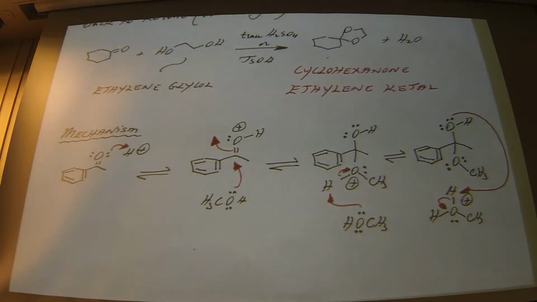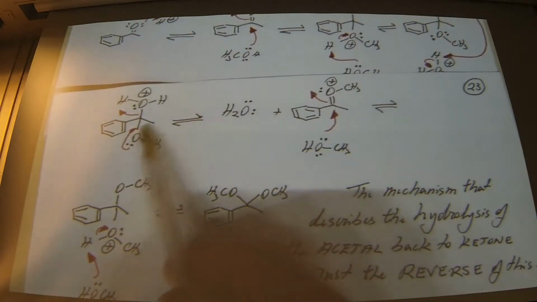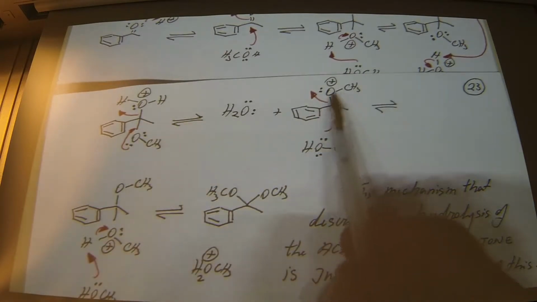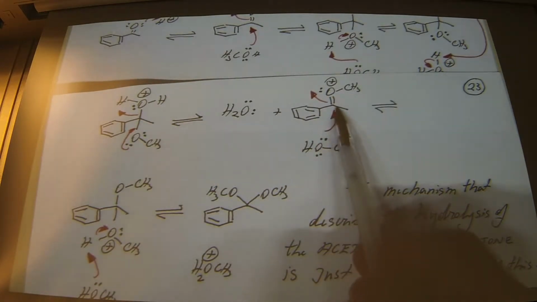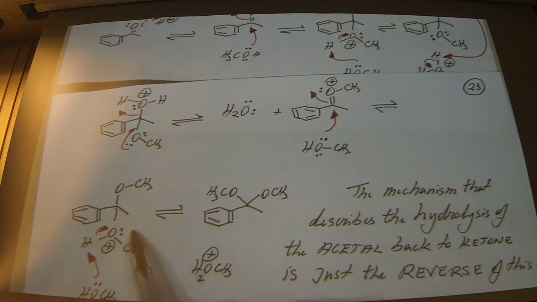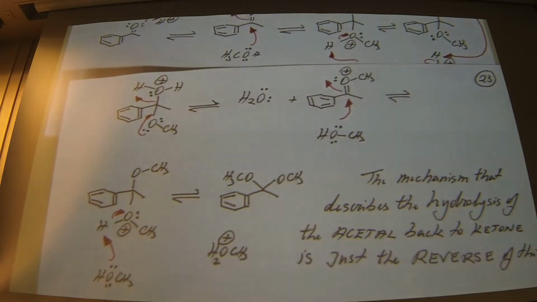And once activated, this is just a little bit different. Once activated, you can form this cation, and then the cation is activated towards the next nucleophilic addition, and then proton transfer gives the final product.